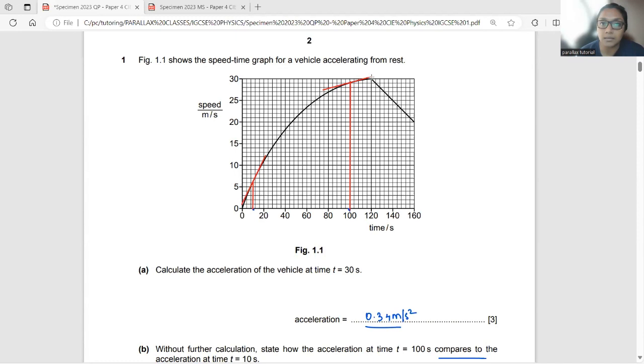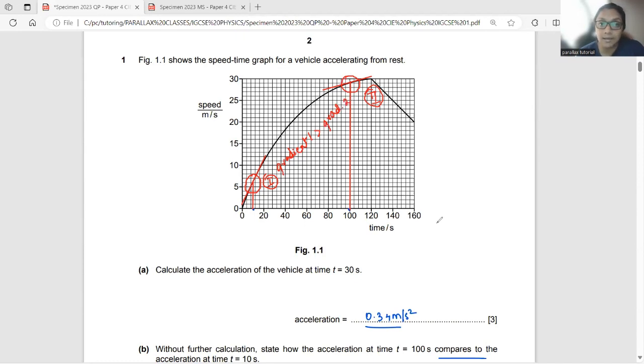So if you make a tangent at 100 seconds, this is the line which you get. Now have a look at the two lines. Clearly, line number 1 is much steeper than line number 2, isn't it? That means the gradient of line number 1 is greater than the gradient of line number 2.